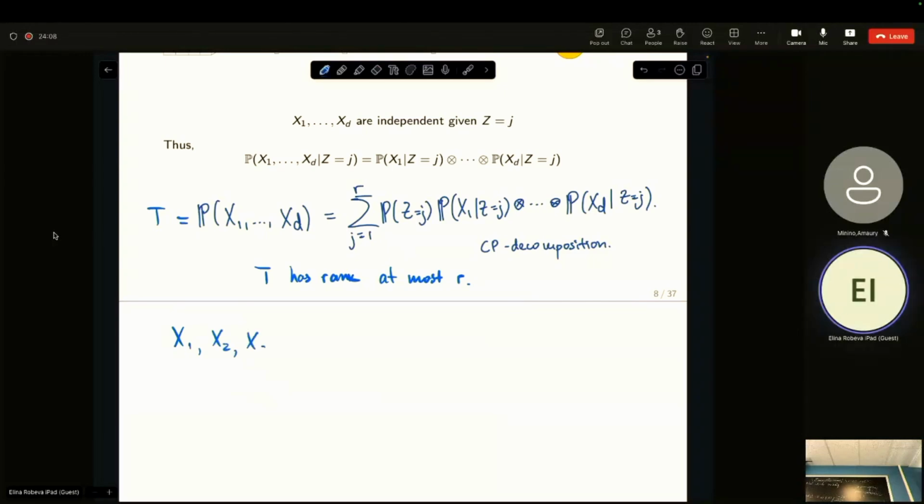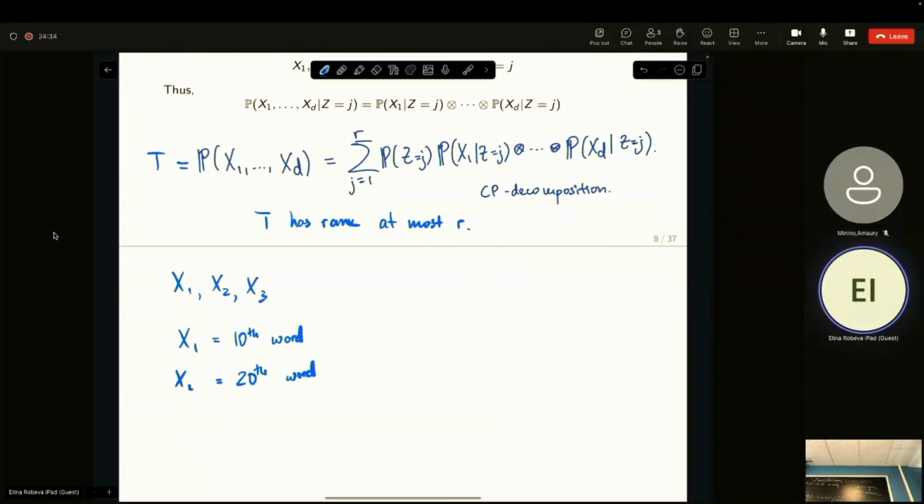So I'm going to say I'll be looking at news articles in some newspaper or magazine, and x1 is the 10th word of a news article. X2 is the 20th word. I mean, these are just made up. You can choose a number. And X3 is the 40th word. And I'll explain why I'm not taking the first, second, and third word in a little bit.